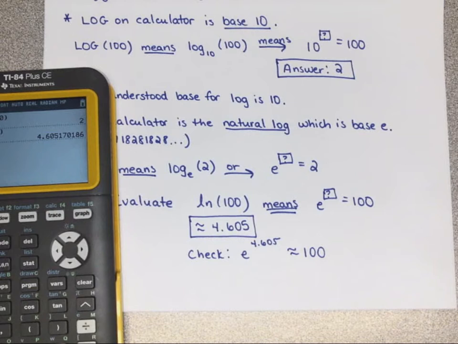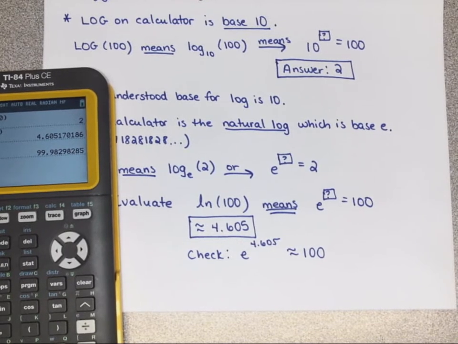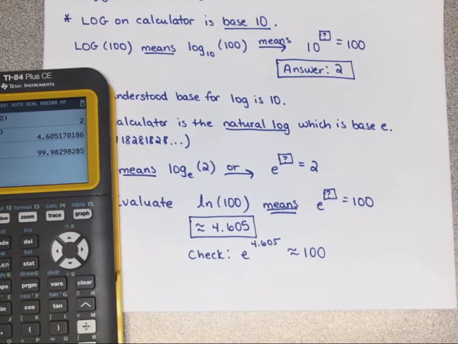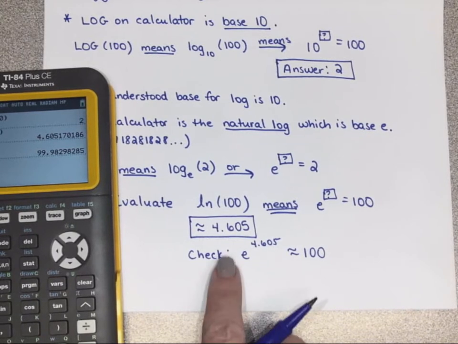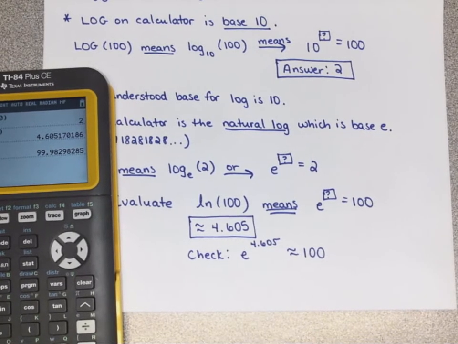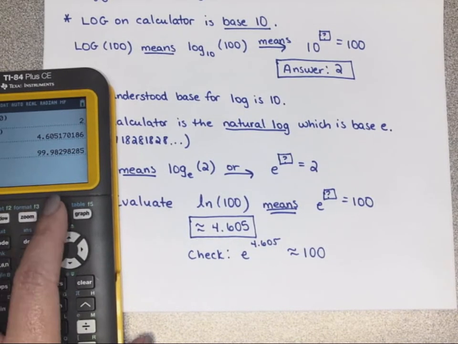So using the same calculator, you can do e to the power of 4.605. And you should get pretty close to 100, and notice we do, right? We get 99.98, so pretty close. Okay. But the answer is what I boxed in there. The answer is 4.61. So if you raise e to the 4.61 power, you will get about 100.